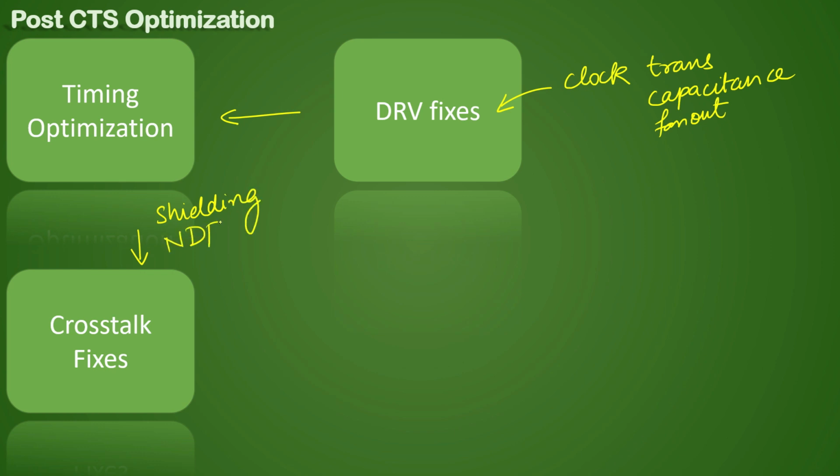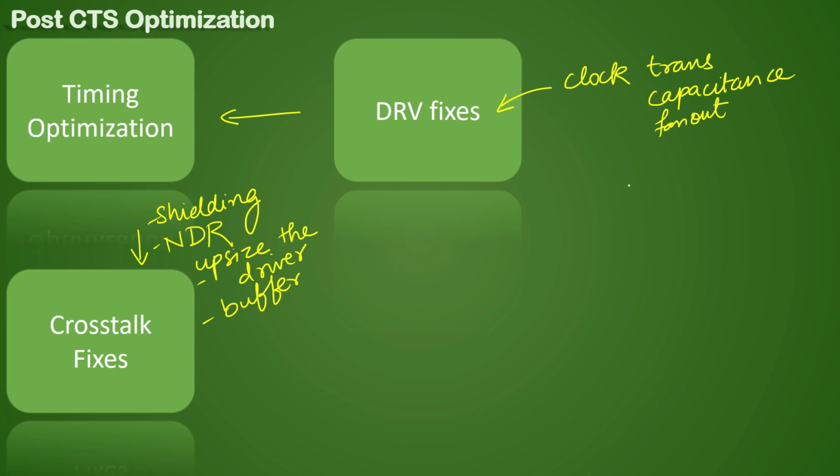So we need to check whether NDR is proper or not. Even after applying NDR we may see crosstalk. Then we do the shielding of the clock net. And if transition is going bad or we do not have enough space to apply a shield, then what we can do is upsize the driver when you are facing the crosstalk. So upsizing the driver also is an option, or if the net is too long, then we buffer the net.